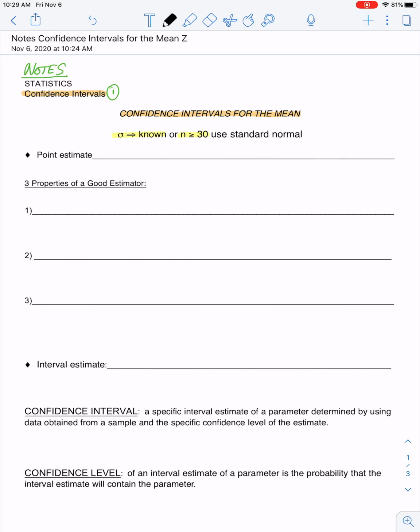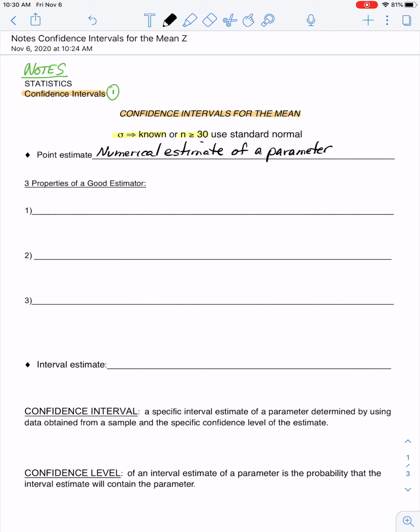First of all, you'll hear, talk, or read about a point estimate for the mean. All a point estimate is, is a numerical estimate of a parameter. Remember, a parameter is just some kind of a population mean, median, mode, that sort of thing.